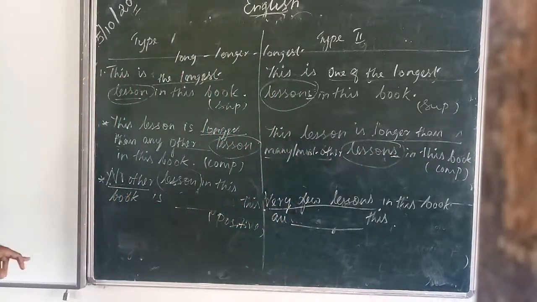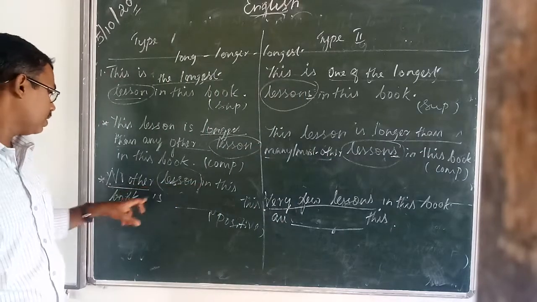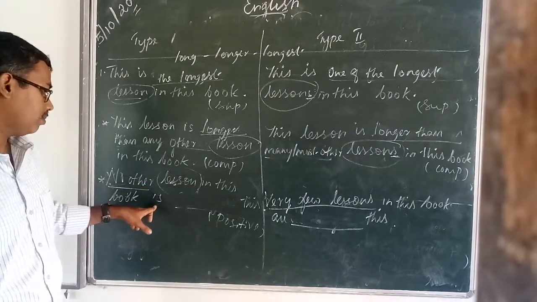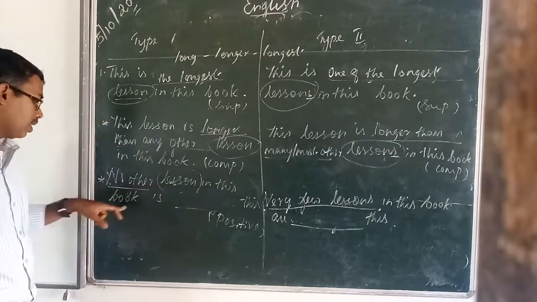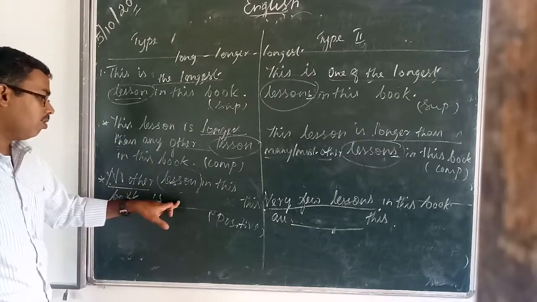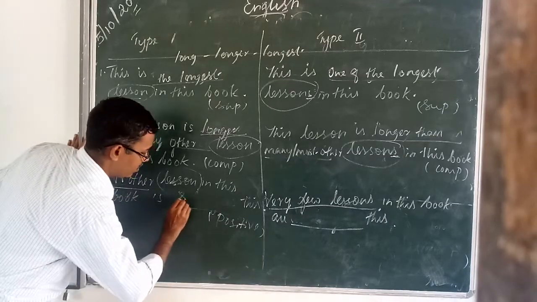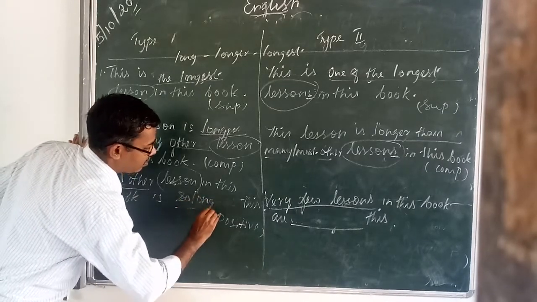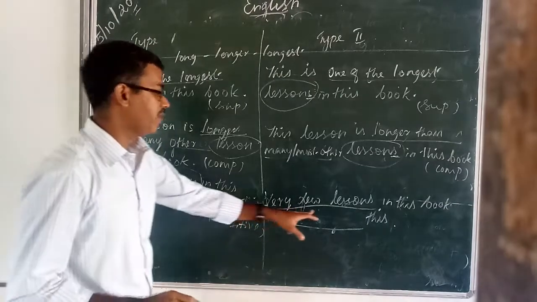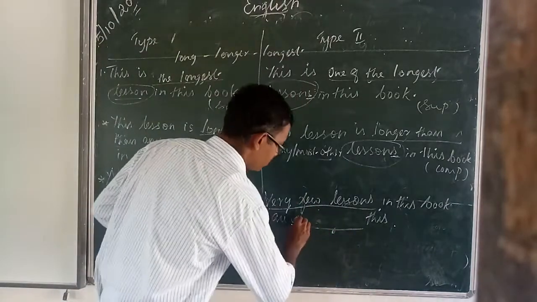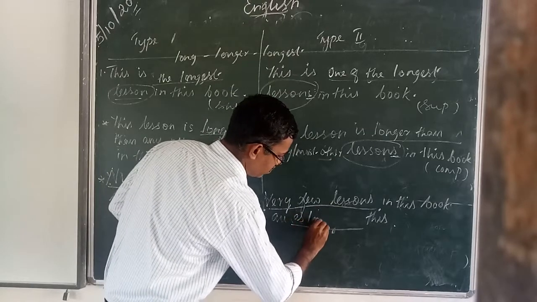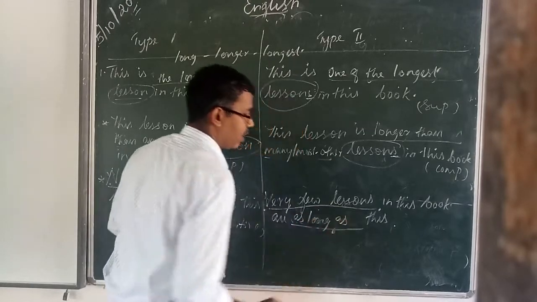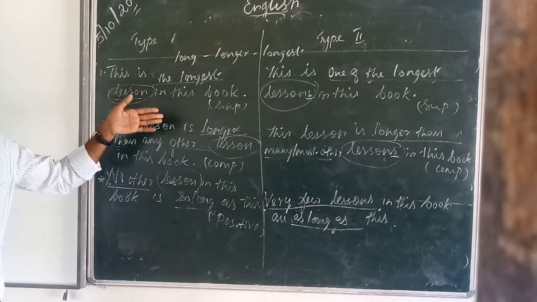Then, no other lesson in this book is so long as. Very few means as long as. I hope you understood.